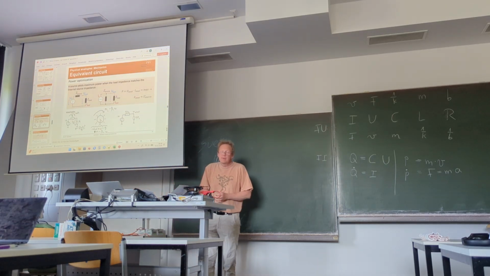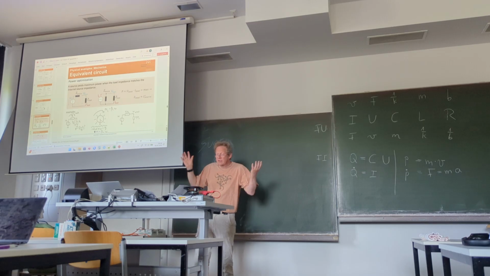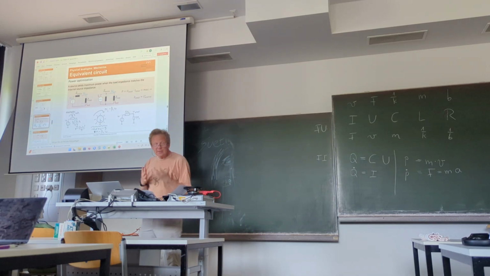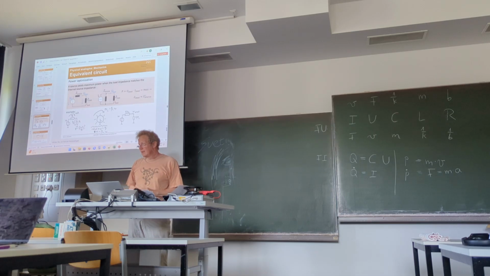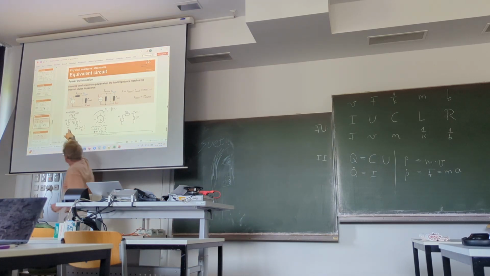Normally it's just dissipated into heat or anything else, but this is lost for us. And that means the efficiency at this point here is just 50%. We lose 1/2 of the power out of our source.